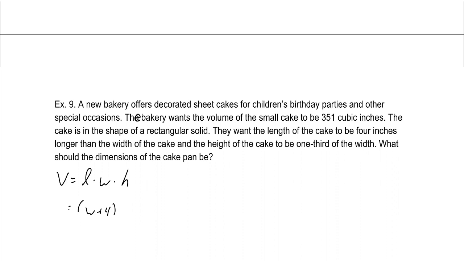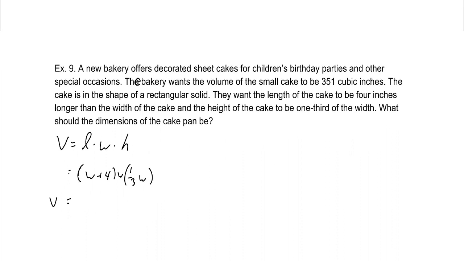The height they want to be 1/3 of the width, so we're going to have 1/3 of the width for our height, and our width, we're going to use W. Alright, so I'm going to rewrite that so this is a little more clear. Actually, let's put the 1/3 W first, and then W times W plus 4.